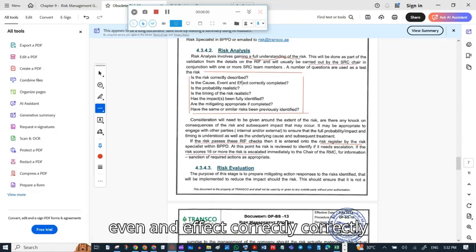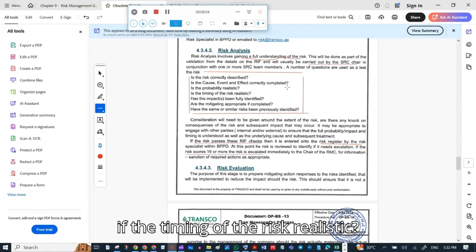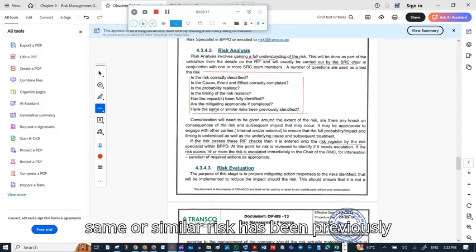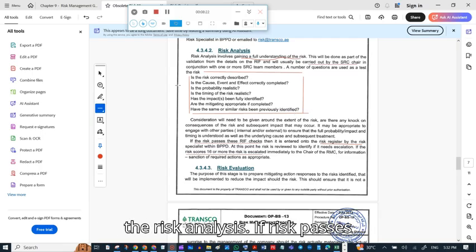Are the cause, event, and effect correctly completed? Is the probability realistic? Is the timing of the risk realistic? Have the impacts been fully identified? Are the mitigating actions appropriate? Have the same or similar risks been previously identified? These are the checklist for the risk analysis.